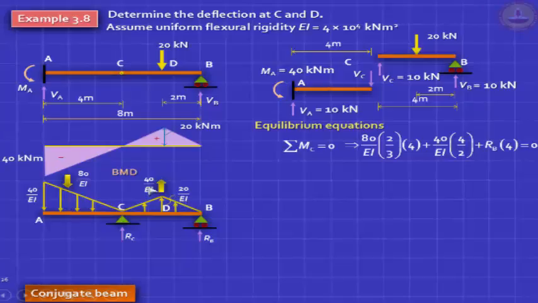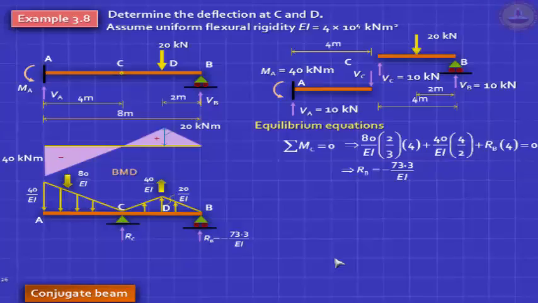That area is 40 by EI, and that distance is L by 2, that's 4 by 2, and RB into 4 is also anti-clockwise. So everything is anti-clockwise, which tells me that RB will turn out to be negative, and I got some answer.